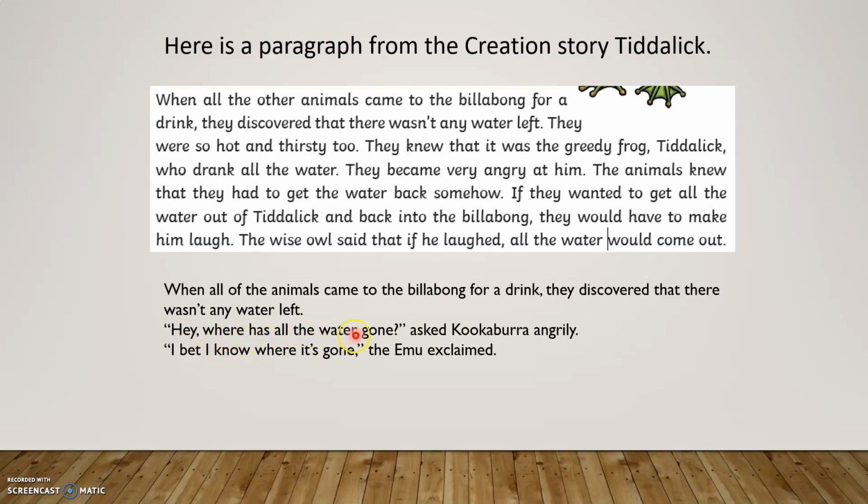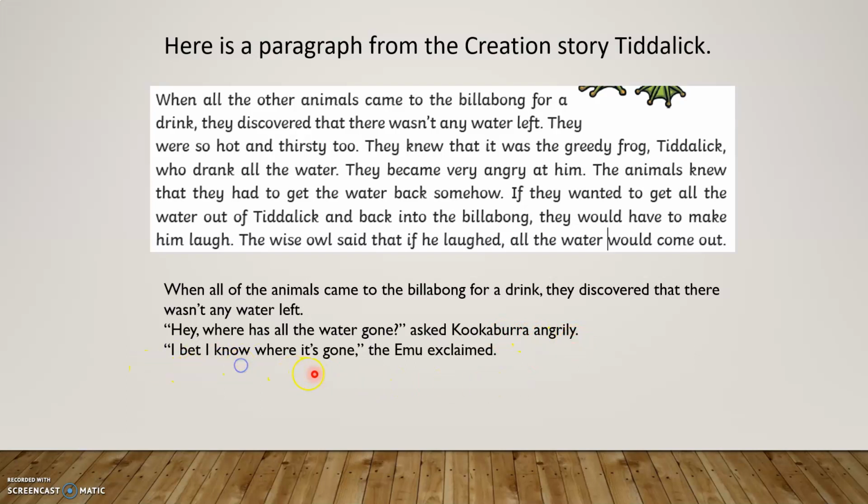"Hey, where has all the water gone?" said Kookaburra angrily. Now, this direct speech is at the beginning of a sentence, so I have a capital letter. The quotation marks are at the start of the direct speech. The punctuation is inside the closing of the quotation marks. And then I said, asked Kookaburra angrily.